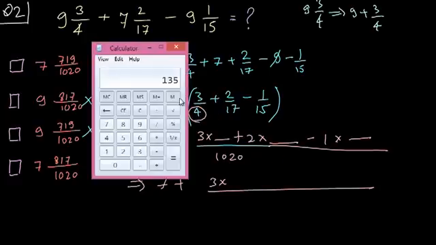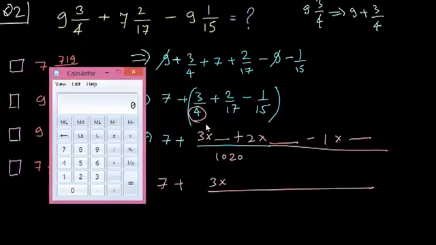So let me bring up the calculator here. How many times 4 is 1020? Let's divide 1020 by 4. You get 255.